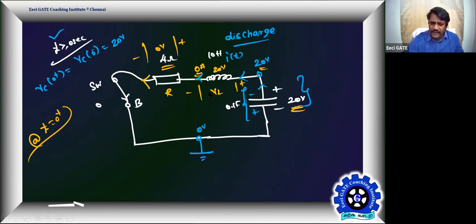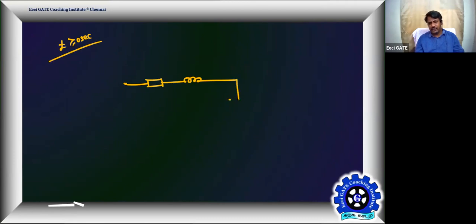So make a KVL with respect to this. It's the equivalent circuit for t greater than or equal to 0 seconds. The circuit is this. What we have is a resistor, we have an inductor, and we have a charged capacitor. That's all. That's your equivalent.